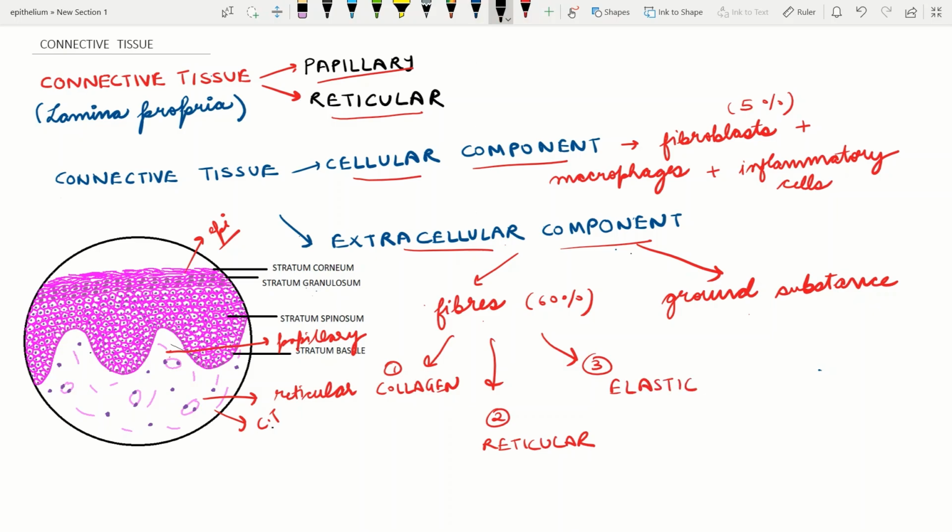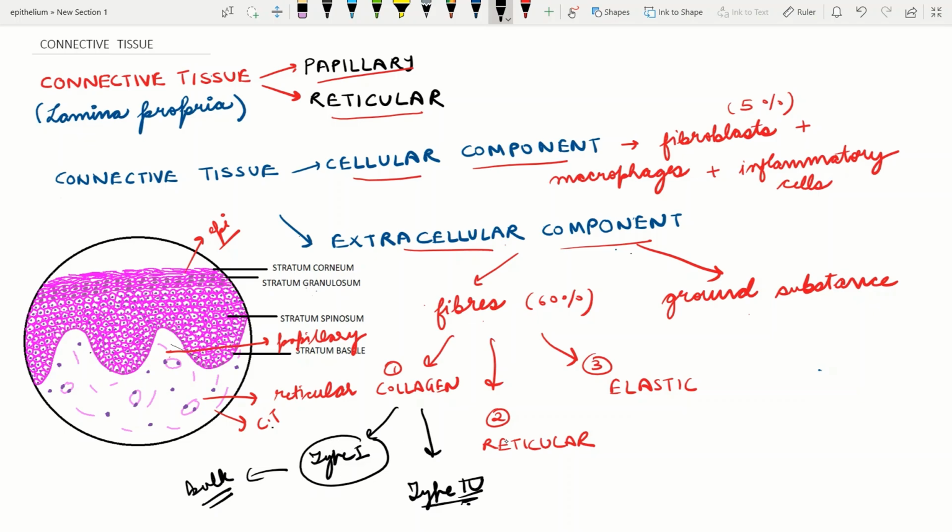Basically you will see two types of collagen fibers here, that is type 1 collagen and the other one is type 4 collagen. Type 1 collagen forms the bulk of connective tissue and provides tensile strength to the gingiva. Type 4 collagen will branch between these type 1 collagen bundles.